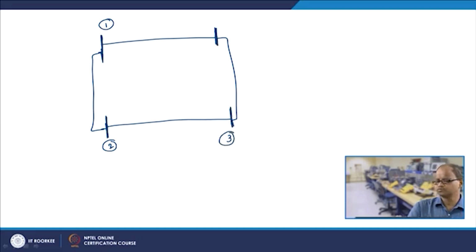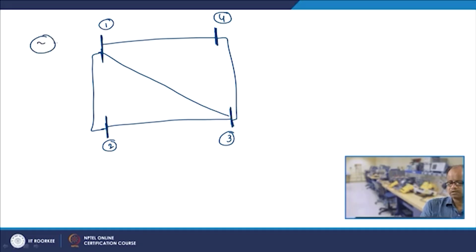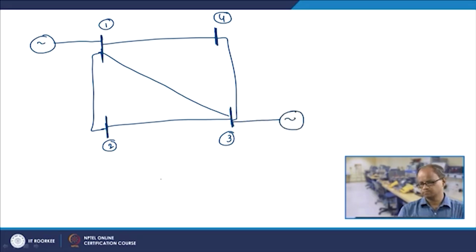Let us say there is also another line between them, and there is one generator connected at bus 1 and another generator connected at bus 3, and there are loads, etc. Now, for example, if I take a line between bus 1 and bus 4.